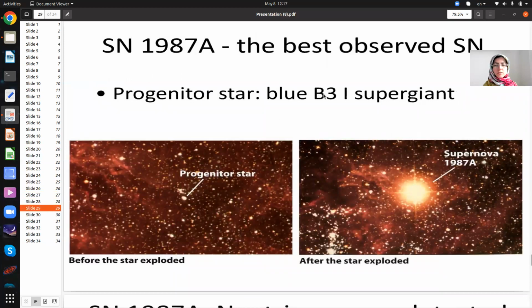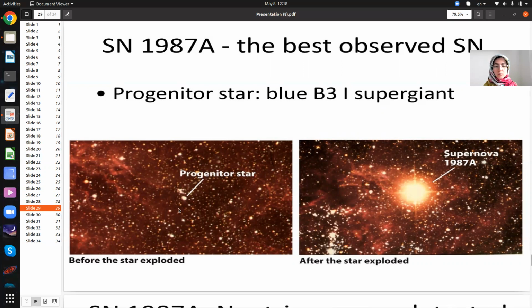And here you see the supernova 1987A, and its progenitor is a blue giant instead of a red giant. It was exotic because we expected that the progenitor should be a red supergiant, not a blue supergiant.